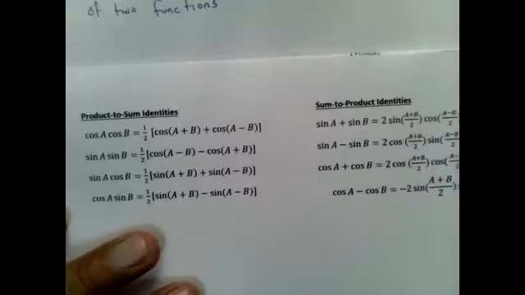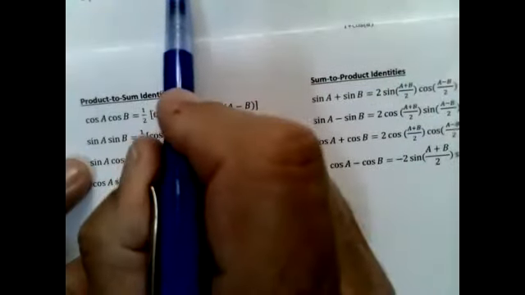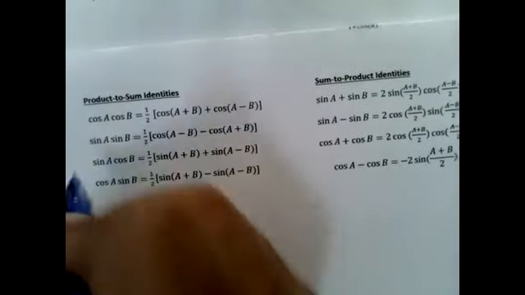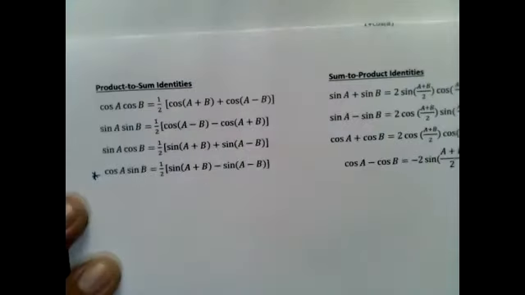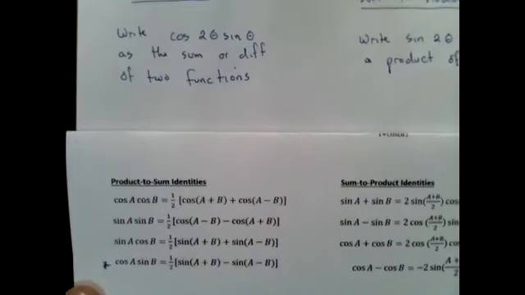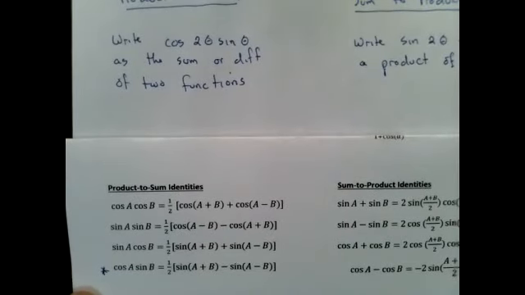So what I have on my sheet is: write that product as a sum or difference. Well, let's see. I have the cosine and sine, so that's going to be this bottom one right here. Now I need to write it.